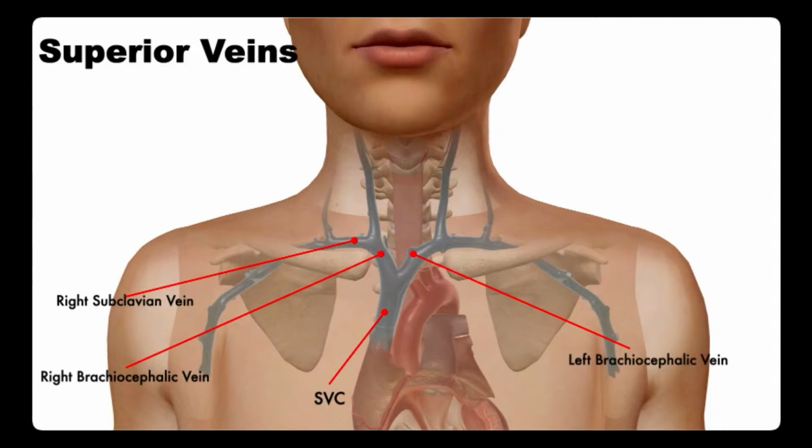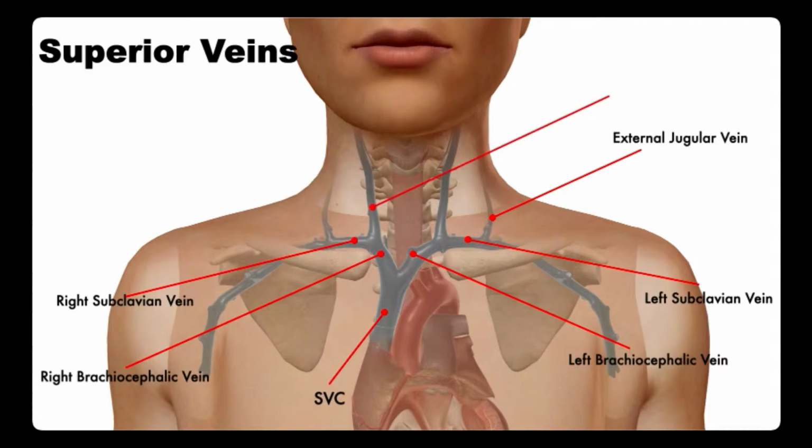That's our left brachiocephalic vein. What do we have here? That's right. Our left subclavian vein. Here? That's right. External jugular vein. If we have an external, that's right, we have an internal jugular vein.